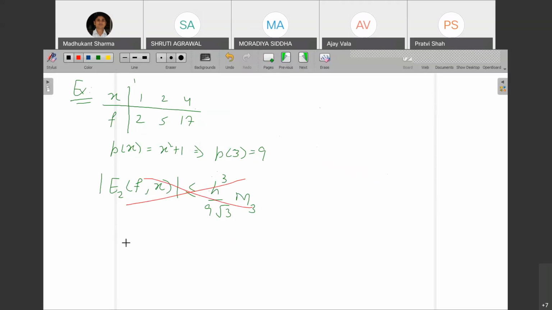If you recall, mod of e2 of f x is less than or equal to m3 by 3 factorial times the maximum of mod of (x minus x naught), that is x minus 1, times (x minus x1), that is x minus 2, times (x minus x2), that is x minus 4.